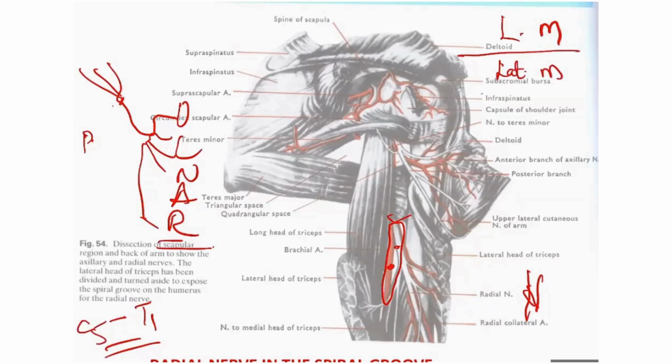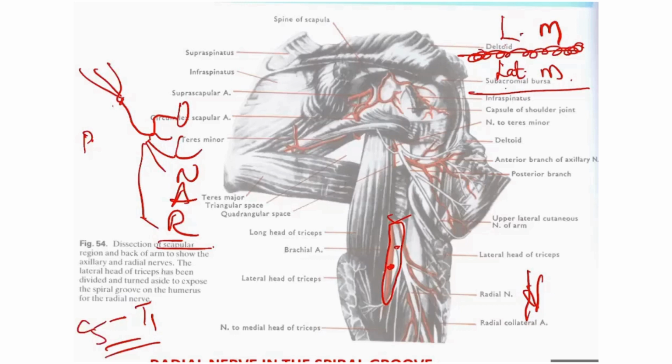You can divide the humerus into above the spiral groove and below the spiral groove. If this is the spiral groove, say for example, 2 nerves arise above the spiral groove. Long head and medial head are above the spiral groove. On the spiral groove, lateral head and medial head.